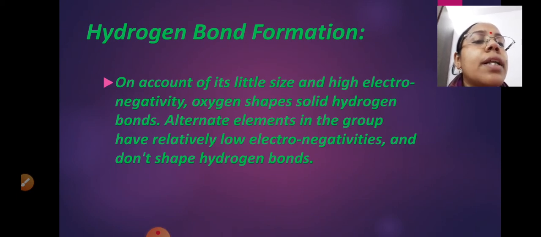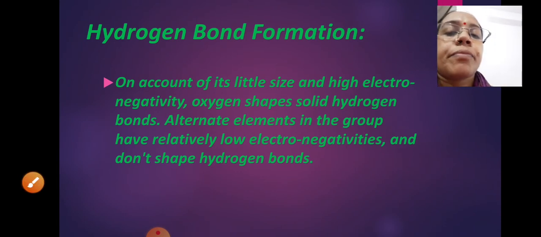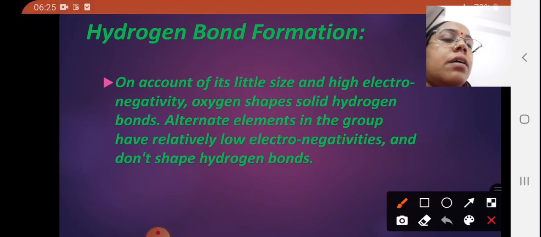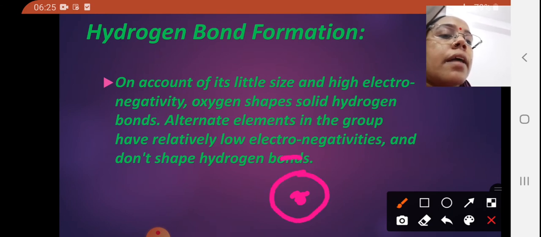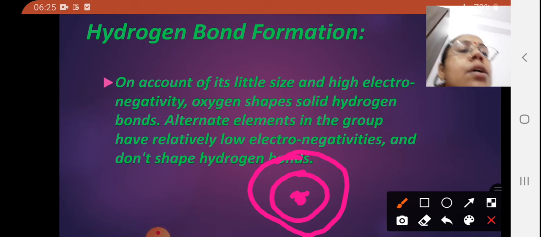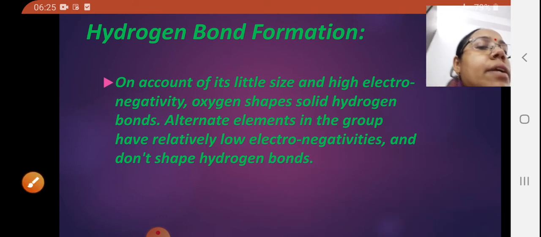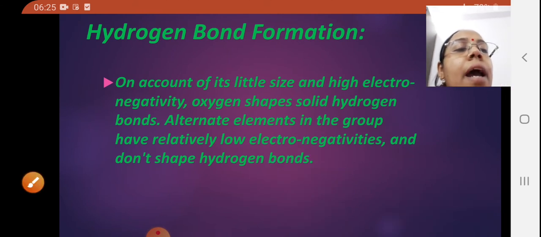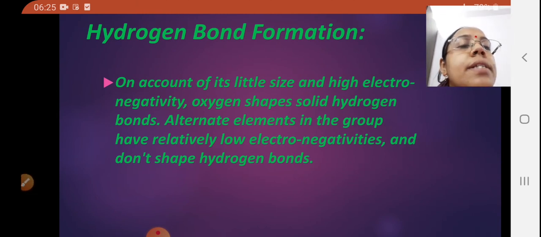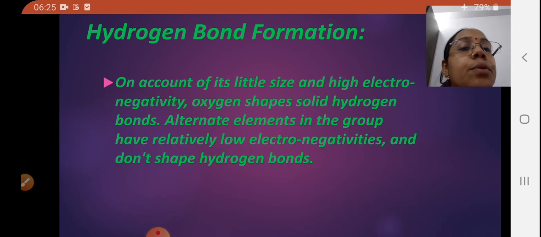You can see here the structure of oxygen. This is the nucleus, this is the first shell and this is the second shell. So it has a very small size because only 2 shells are present, and it has high electronegativity.